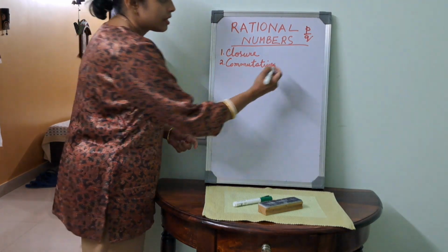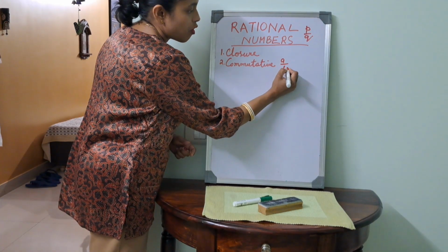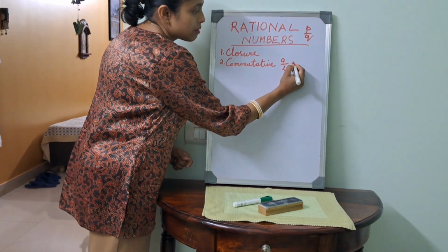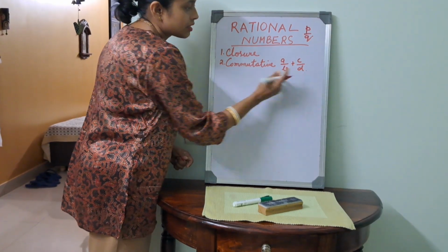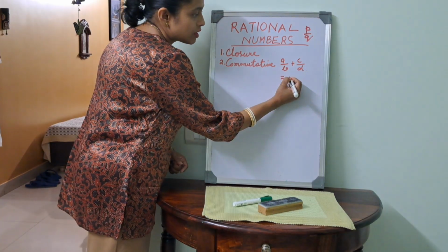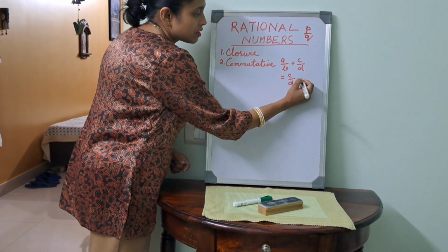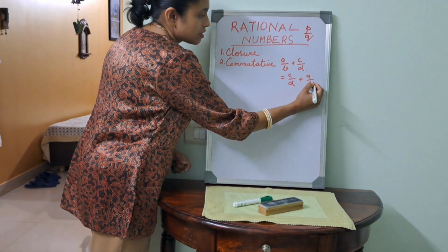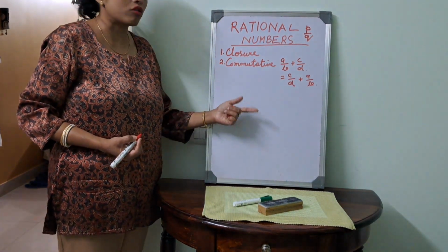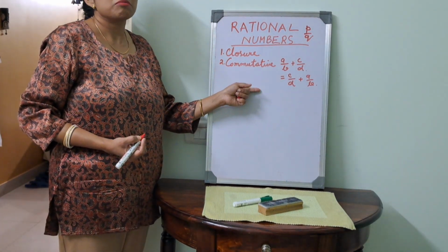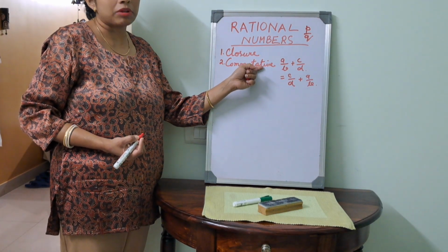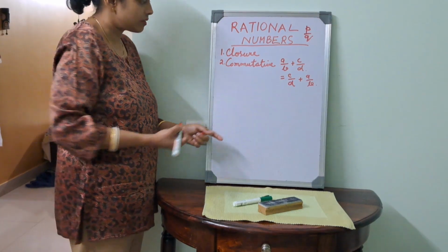So which means that if I have the commutative property of addition, a plus b, this is one rational number, this is another rational number, which is also equal to b plus a. So it is not applicable for subtraction or division, but the commutative law is applicable for addition and multiplication.